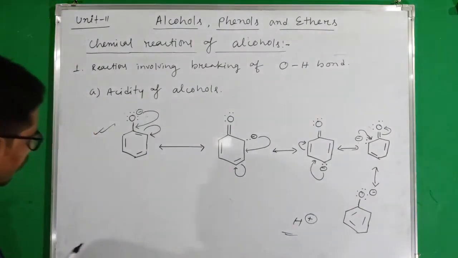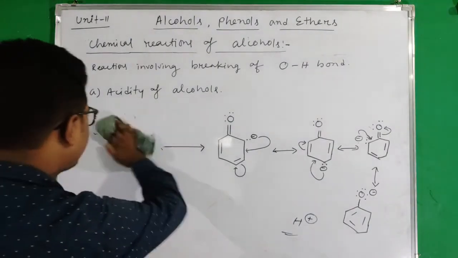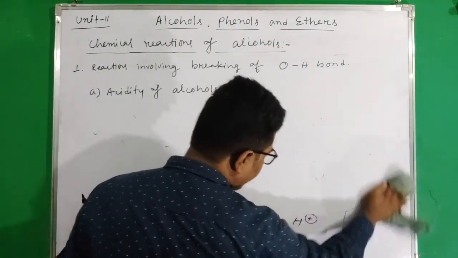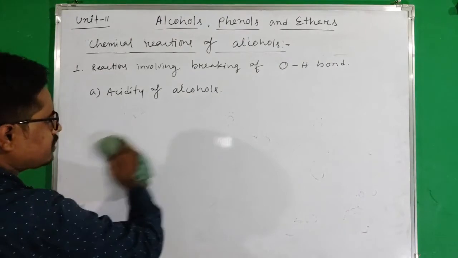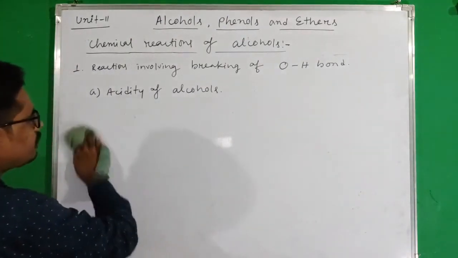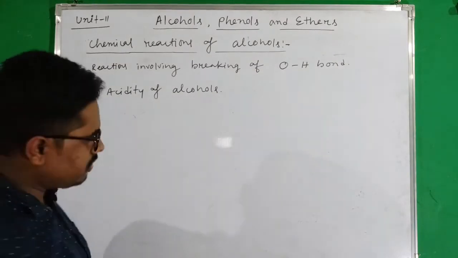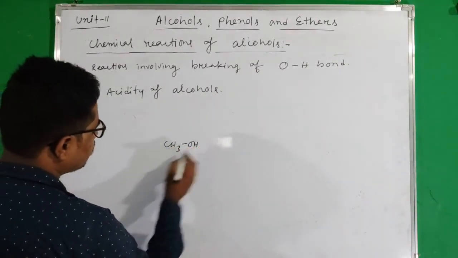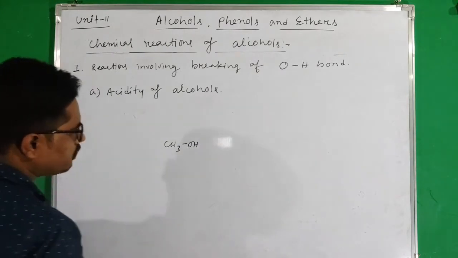Okay, now let us consider 3 alcohols. One is primary, after that one is secondary, and then tertiary. Now we will compare the acidity of these alcohols. Suppose we have this alcohol CH3OH. We are considering 4 alcohols.